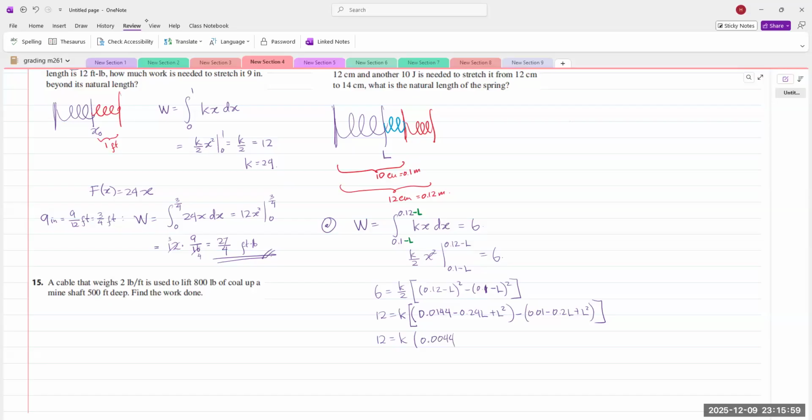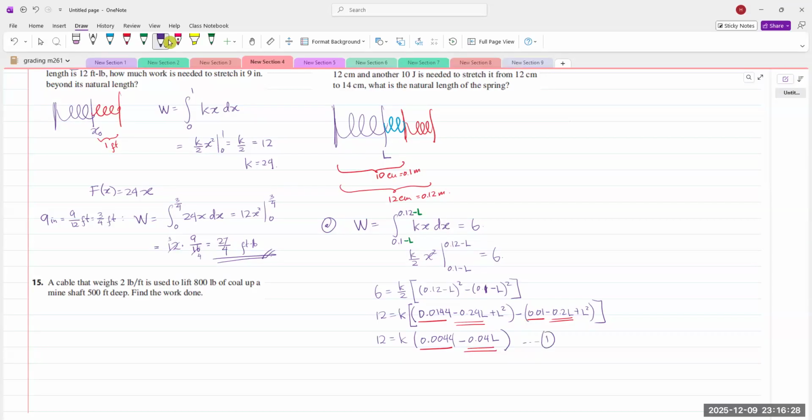I got it from this one minus this one. Okay, and then minus 0.04L, which I get from this one and this one. And the L squared term cancels, right? So I have, this is the first equation.